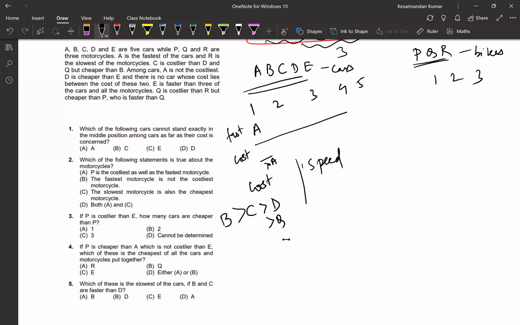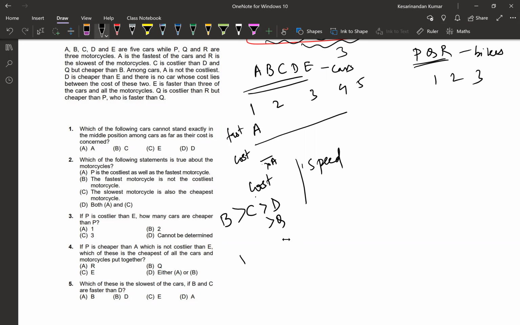D is cheaper than E. Perfectly fine. D is cheaper than E. So E will definitely be somewhere costlier than D. And there is no car whose cost lies between the cost of these two. Okay.